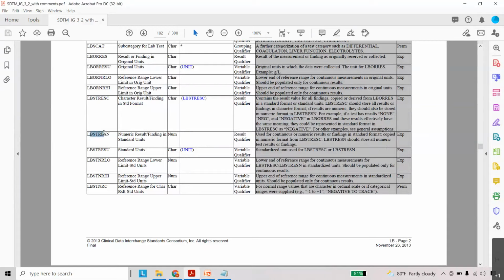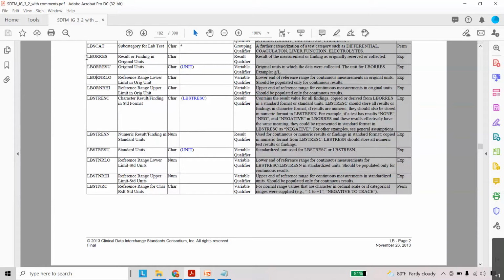Next is laboratory standard results numeric. The laboratory results numeric can be derived from the laboratory original results based on the conversion factor, and it is also one of the interview questions.